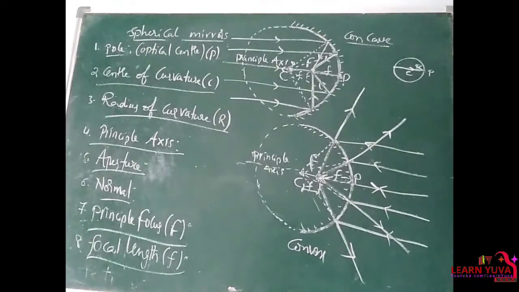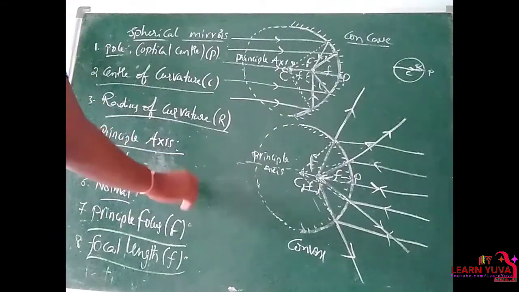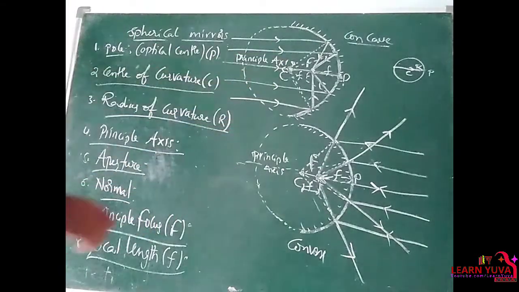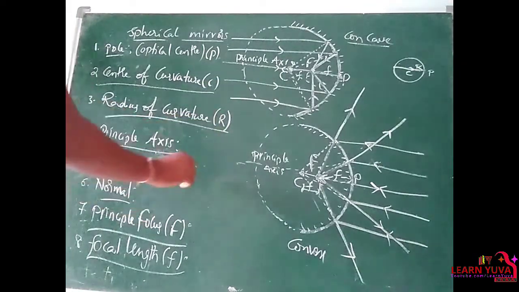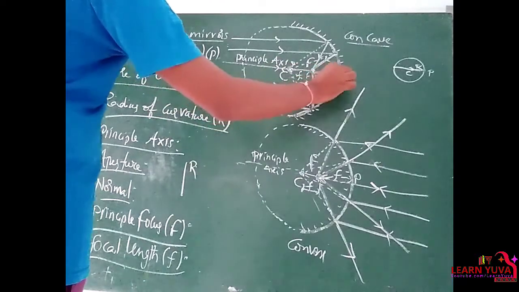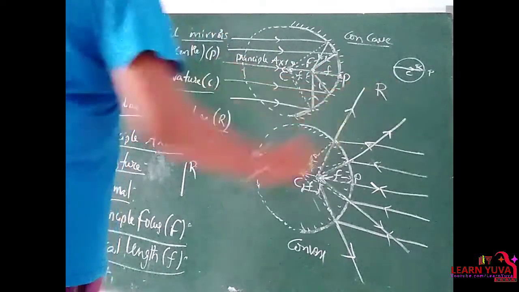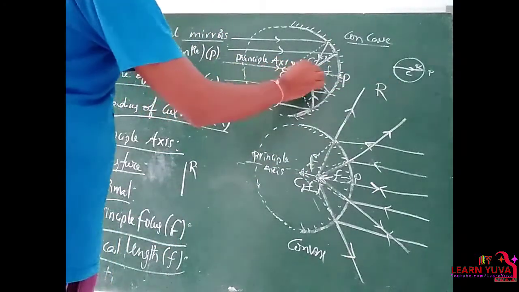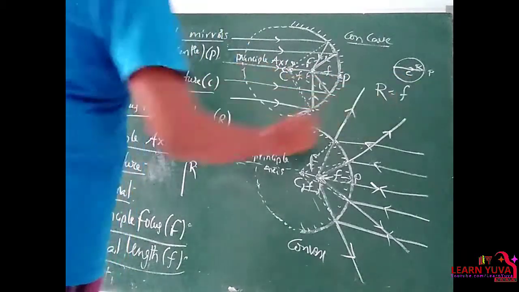small f. So from this we can say that the radius of curvature r, from center of curvature to principal focus, is r. Again, center of curvature to principal focus is nothing but small f, that is focal length.